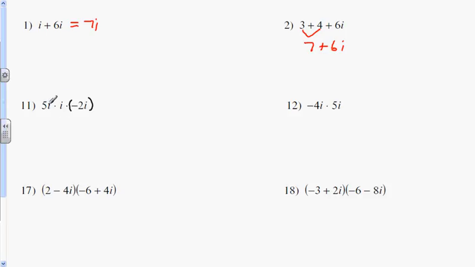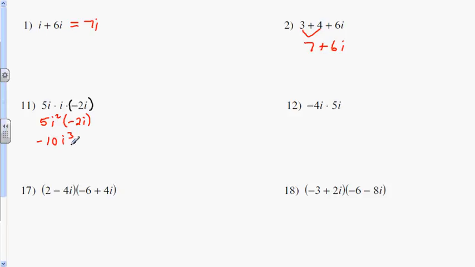So if we take 5i times i, we get 5i squared. If we continue with that multiplication, we get negative 10i cubed. Now notice the power changes just like you would if it was a variable. But again, it isn't a variable, but it acts like it in terms of the powers.